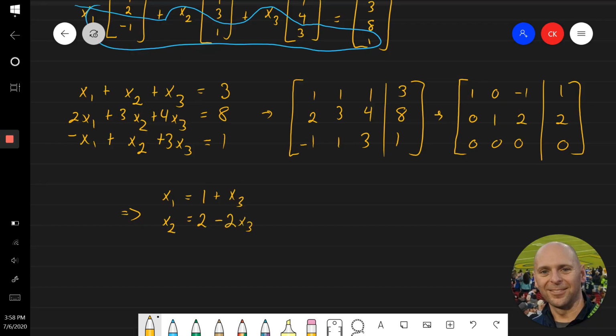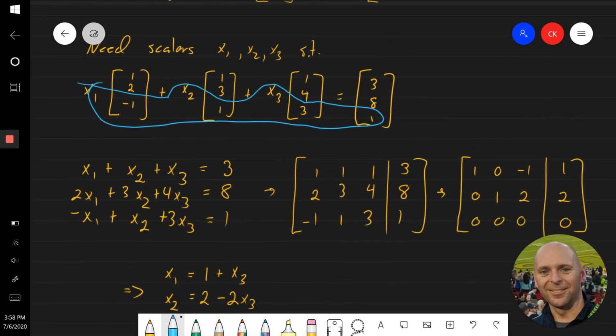And the third row says that x3 is free, so it's equal to itself. So there are infinitely many combinations we can choose from to make the vector 3, 8, 1 a linear combination of the given vectors A1, A2, and A3.